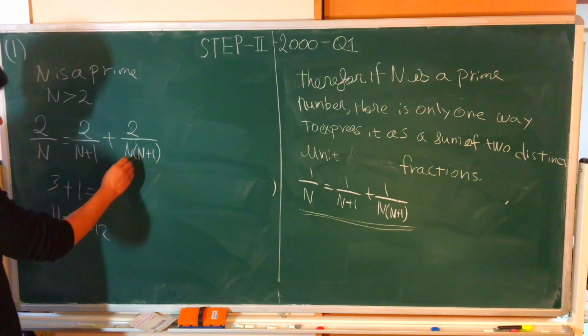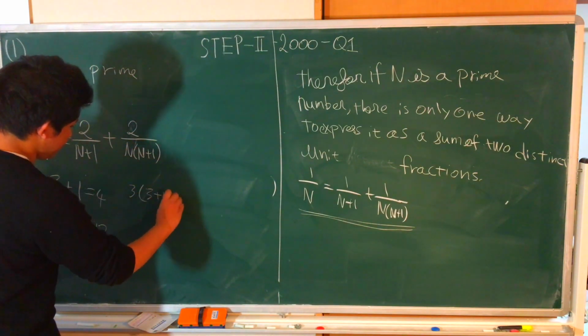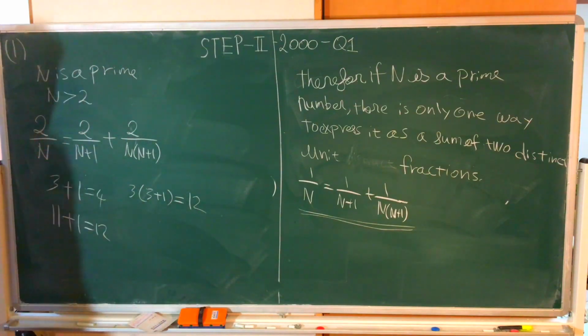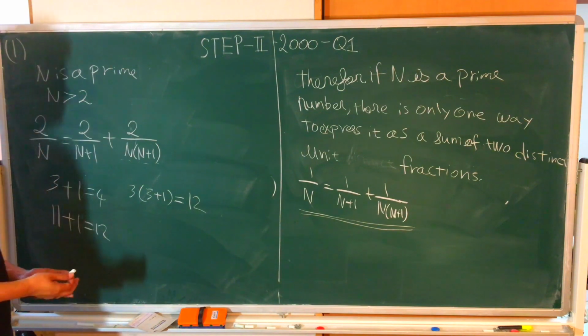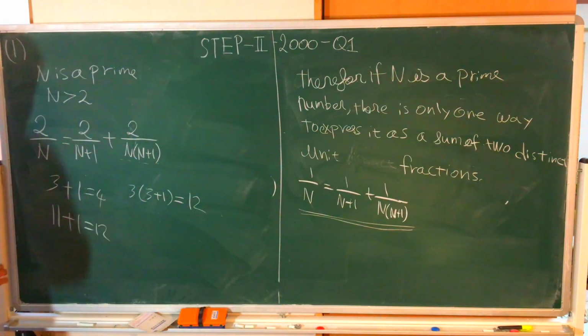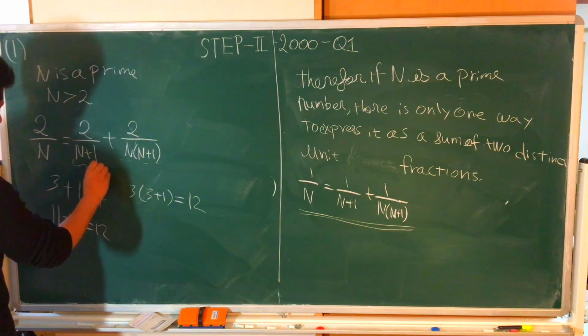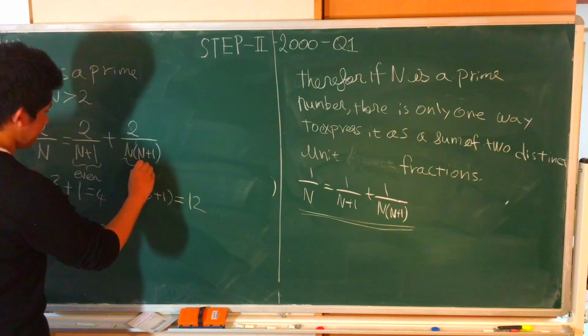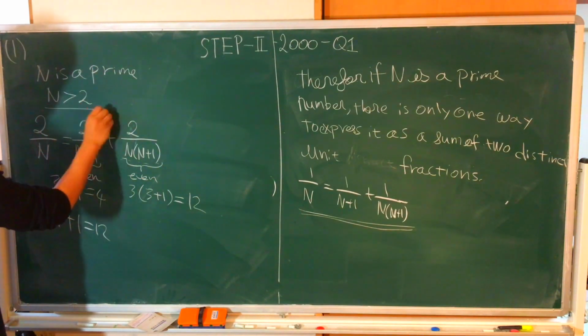Similarly for n times n plus 1, take 3 times 3 plus 1, which equals 12. n is odd, and n plus 1 is even, so an odd number times an even number gives you an even number. So both n plus 1 and n times n plus 1 are going to be even, provided n is a prime number larger than 2.